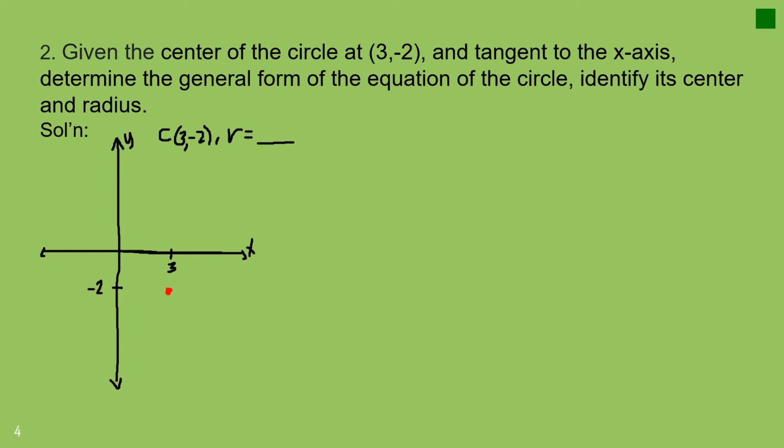Therefore, from this center to that side there, this point is the point of tangency. This is the point where the circle touches the x-axis. So therefore, the radius of our circle has a length equal to 2.